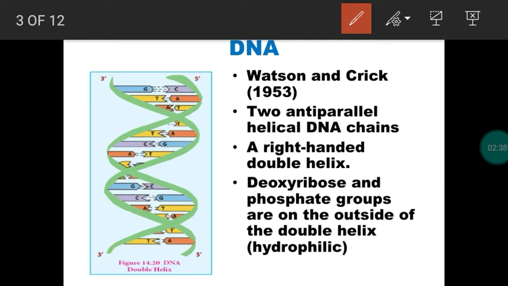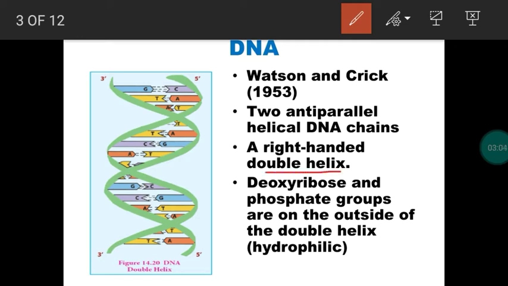According to their concept, we have a chain of nucleotides, that is, a nucleic acid. In DNA, we have a chain of nucleotides in a right-handed helix format, a right-handed spiral.